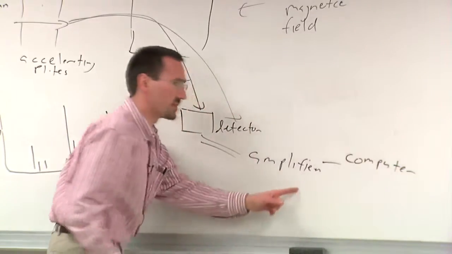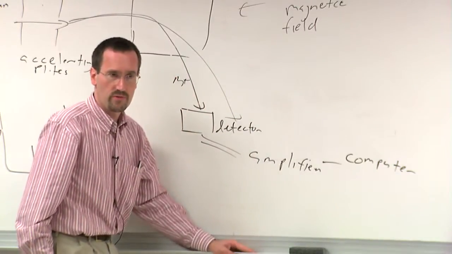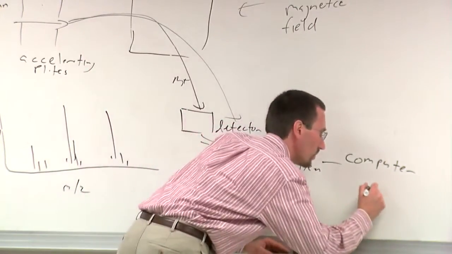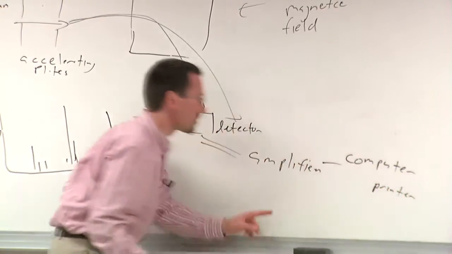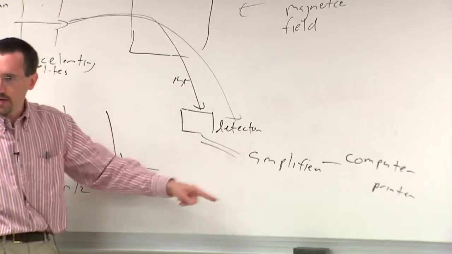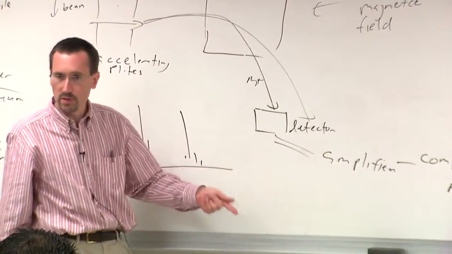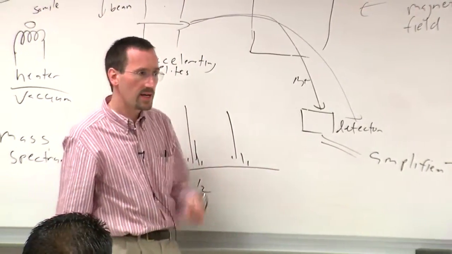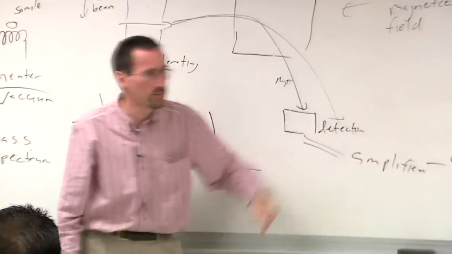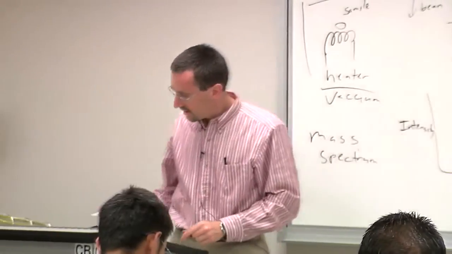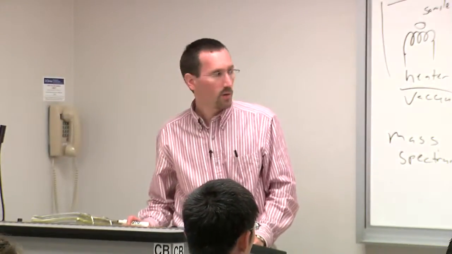Actually, in a modern system, it would go to an analog to digital converter, and then it goes to basically a printer. But in the oldest systems, of course, it would go to an amplifier and then a strip chart recorder, because you could literally just have a needle go or another electrical signal to write on a piece of paper. Good question. Other questions?